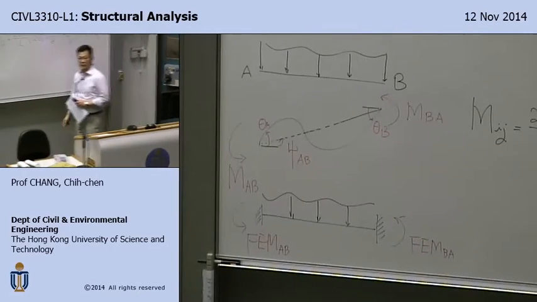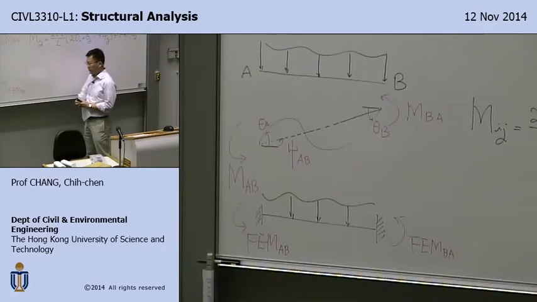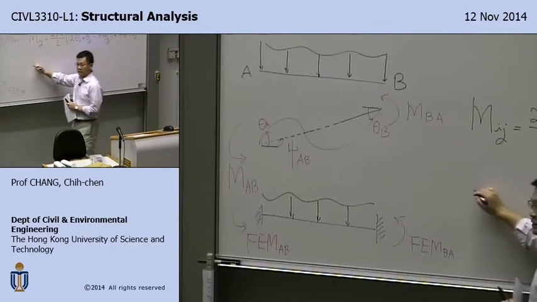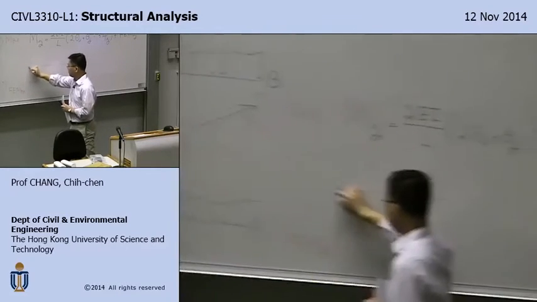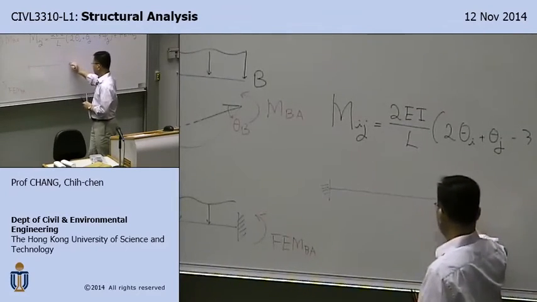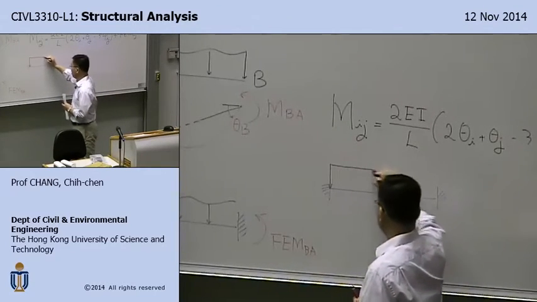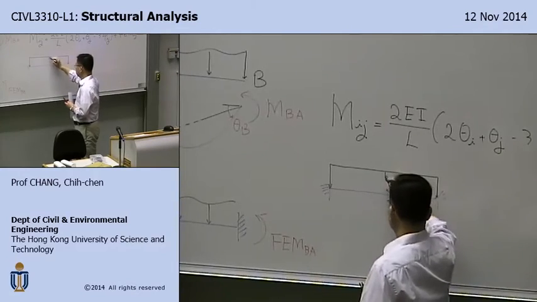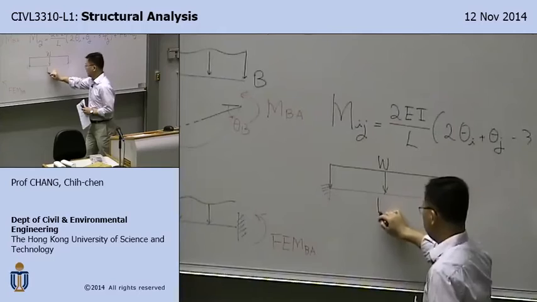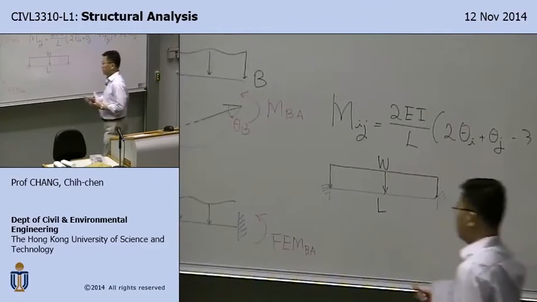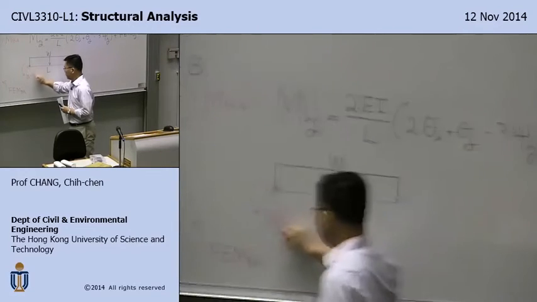There are two cases I want you to remember, to memorize. The first case is uniformly distributed force. So if I have a uniform distributed load applying, the length is L, and the two end moments here are WL squared over 12.